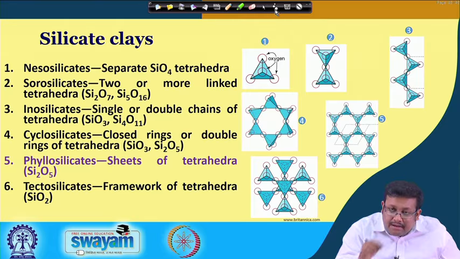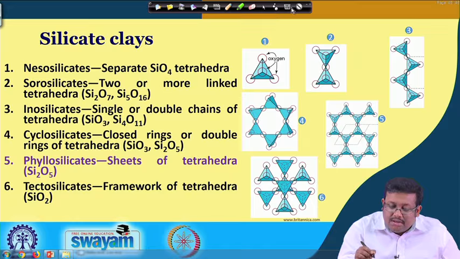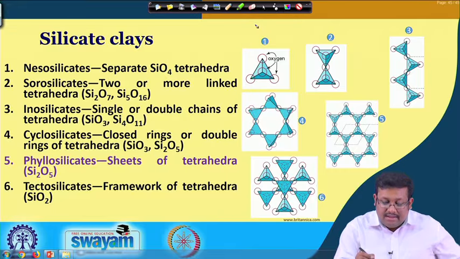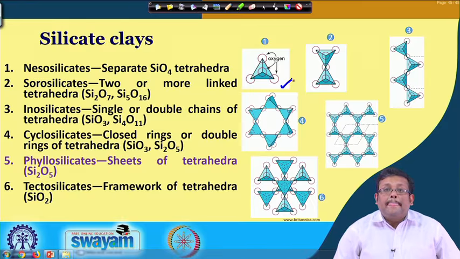Now let me show you. Let me increase the size of the marker a bit so that it can be visible. All right. So this is the example of a silica tetrahedra.